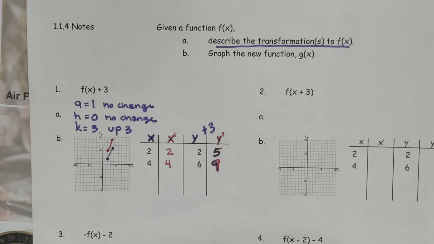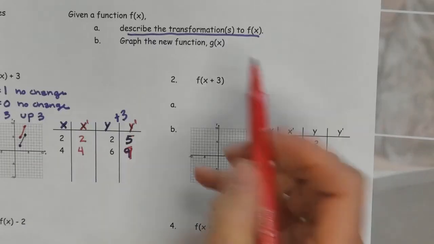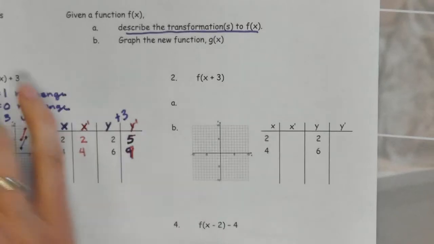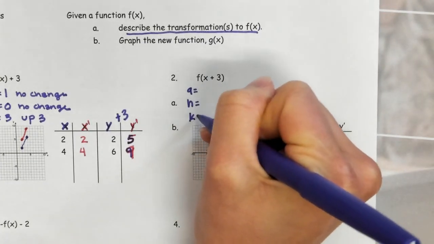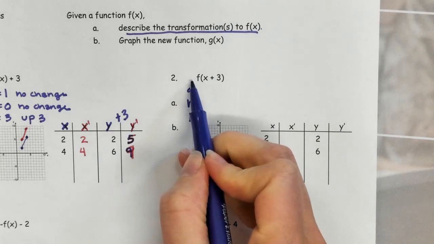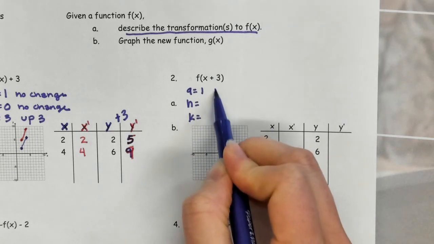Okay? So we'll do another one. So here we have an A, we have an H, and we have a K. There is no number in front, so that's just 1. There's no change.